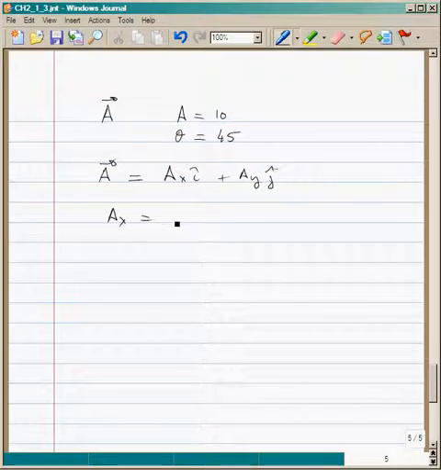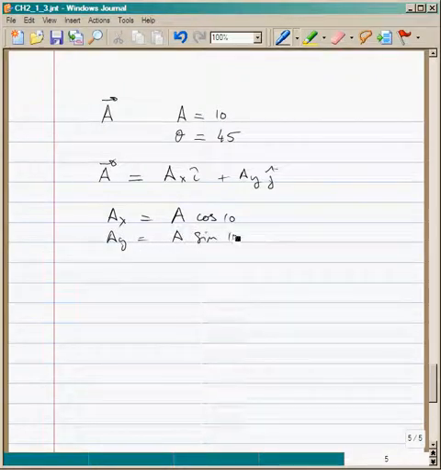AX by definition is the magnitude of the vector A times cosine of the angle. AY is the magnitude of A times the sine of the angle. If you plug everything in, that should be 45, A is equal to 10, so you get 10 times square root of 2 over 2, 10 times square root of 2 over 2.